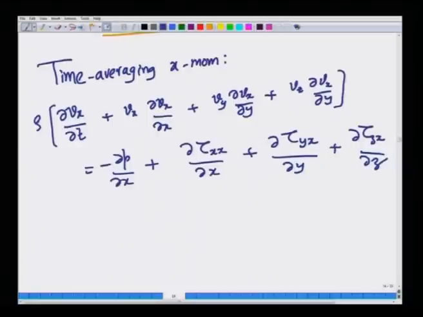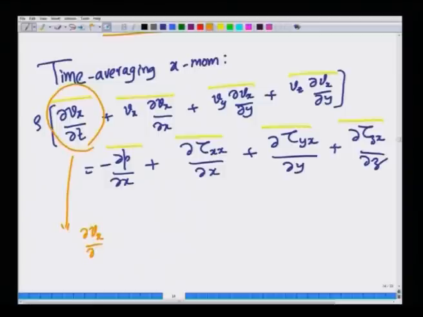Okay. Now, I am going to average this entire equation. So I am going to put a bar on each term, and then we will have to simplify each term. Now, if you look at the first term, this is the time average of the rate of change of velocity.